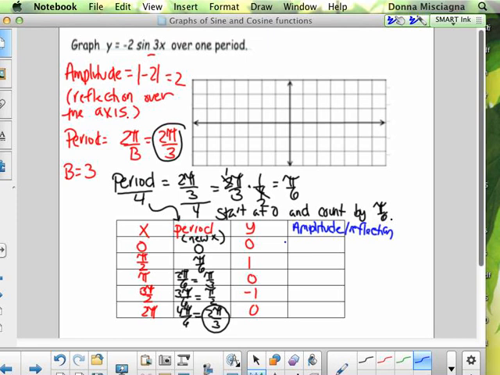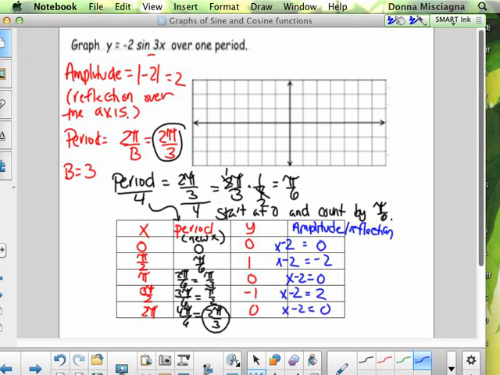All right, so 0 times negative 2 would give us 0, and 1 times negative 2 would be a negative 2. And then, of course, 0 times negative 2 is 0. And negative 1 times negative 2 would be a positive 2. And 0 times negative 2 is 0.